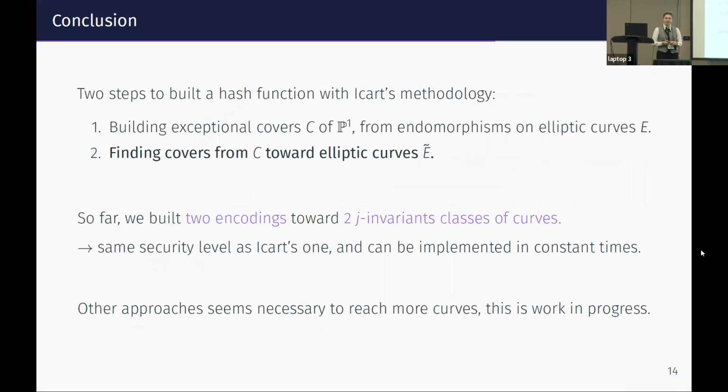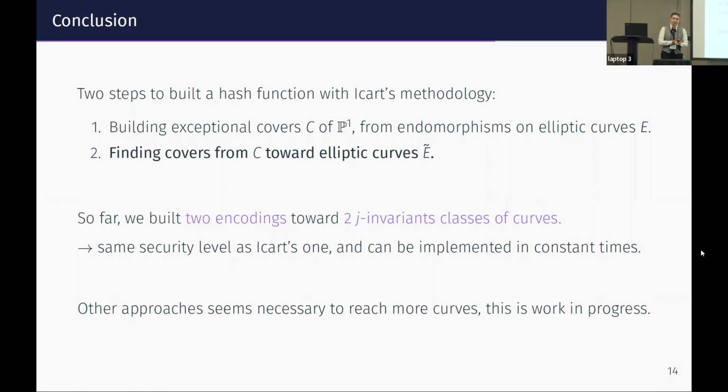Okay, so to conclude this presentation, we distinguished two steps to build hash functions based on Icart methodology. The first one is to be able to build curves that are exceptional covers of P1, and we do that from isogenies of elliptic curves.